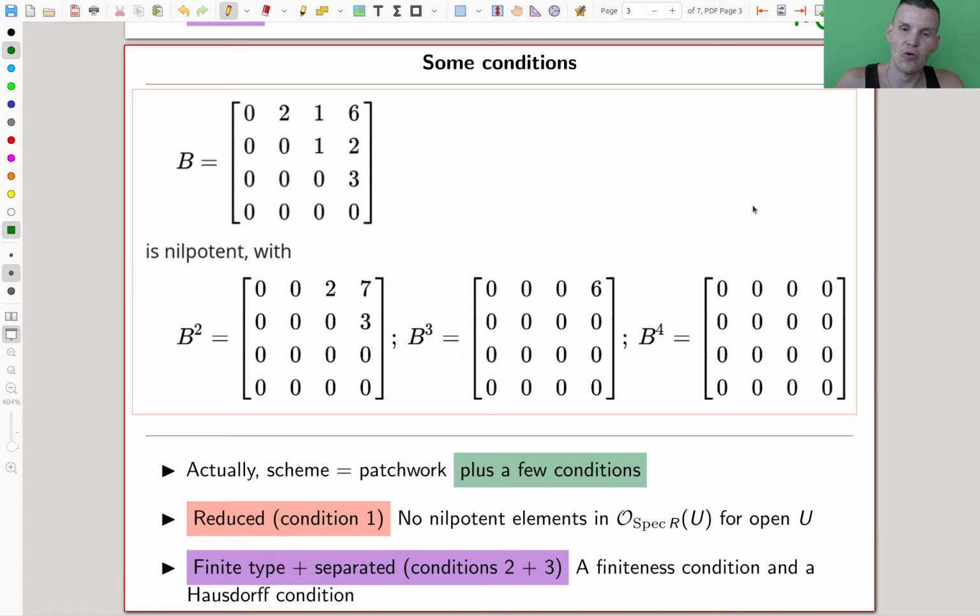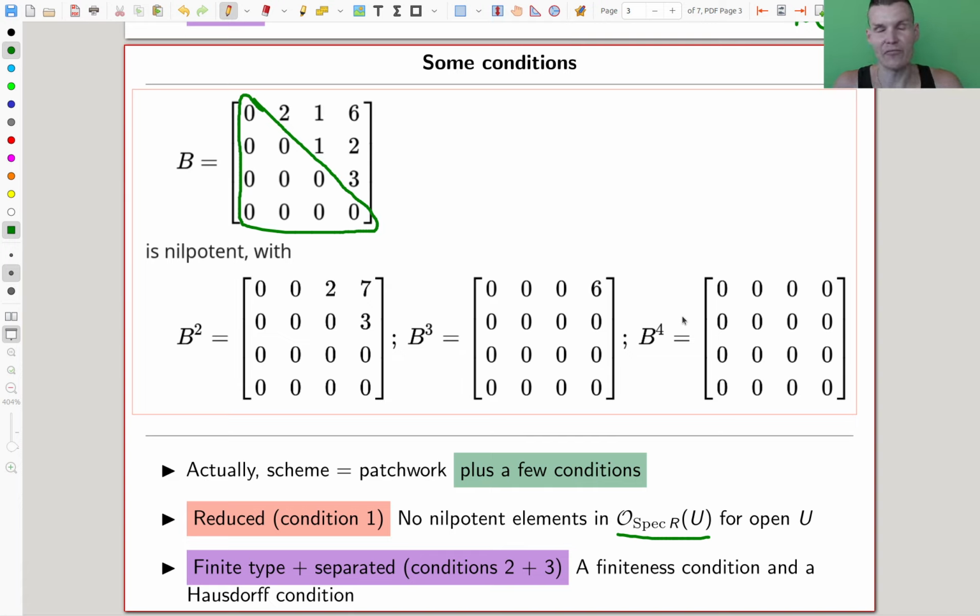It really says you have no nilpotent elements in the rings of regular functions in those guys here. Nilpotent is really like the matrices that are upper triangular with zeros on the diagonal. Nilpotent matrices. So somehow you kick them out. Reduced means no nilpotent elements, finite type is some finiteness condition, and separated is a Hausdorff condition.